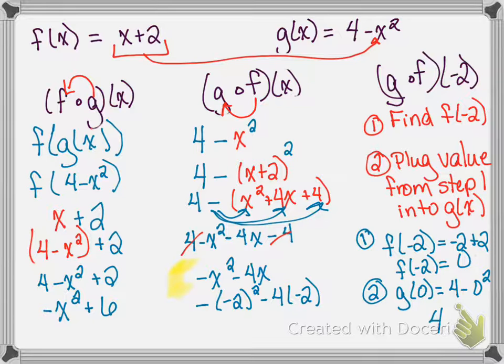If you don't do the exponent first, you're going to mess up. Negative 2 squared is positive 4. But I still have that negative. So I have negative 4. What's minus 4 times negative 2? Positive 8. Okay, do I get the same thing? I do.